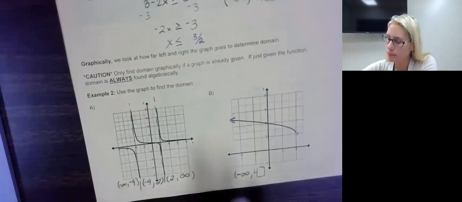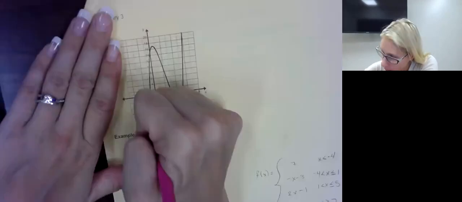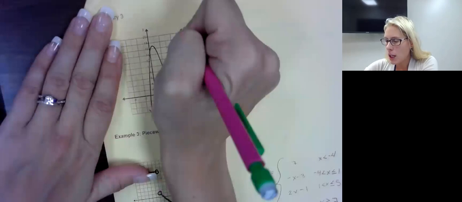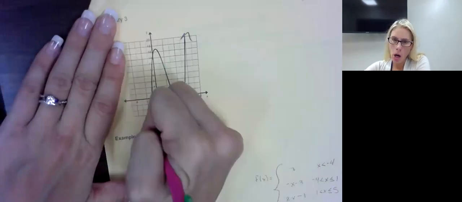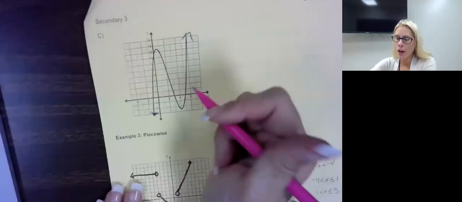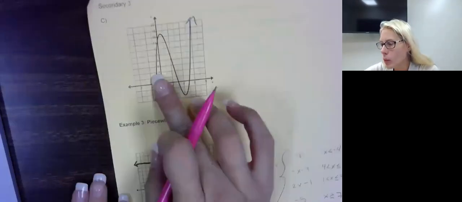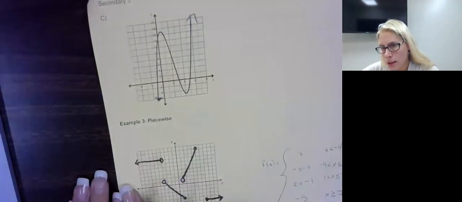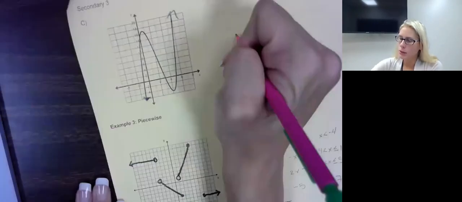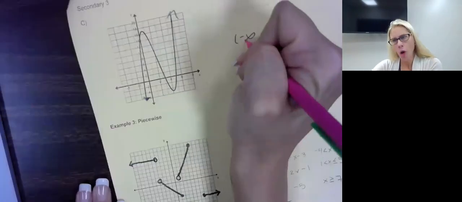Let's check this one. Okay, I'm going to add arrows to this, right? So if we talk about left, this arrow, even though it's pointing down, it also continues all the way to the left. So what number is all the way to the left? Negative infinity. And as you can see, it goes up, down, no issues, right?